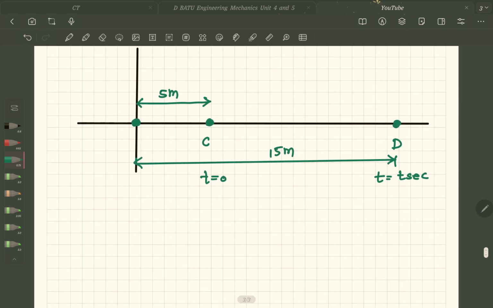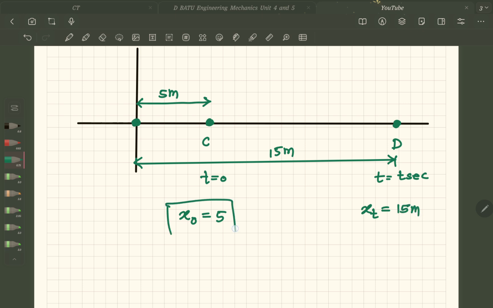Now when I say the position, x0, the point where the measurement starts, is the position of the object when t equals 0, which is 5 meter. And when it reaches a particular t seconds, xt will be equal to 15 meter.